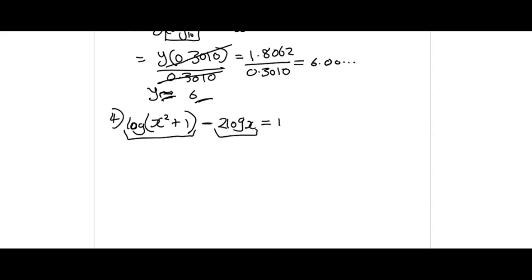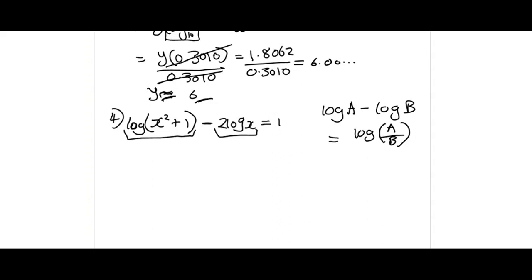The law says that when we have such a scenario, log a minus log b is going to be turned to a quotient. That will be log a all over b.